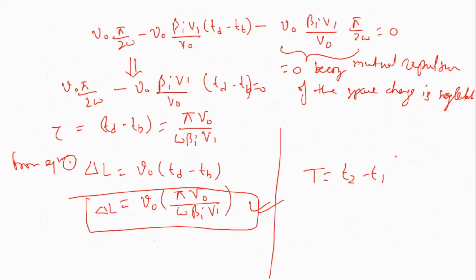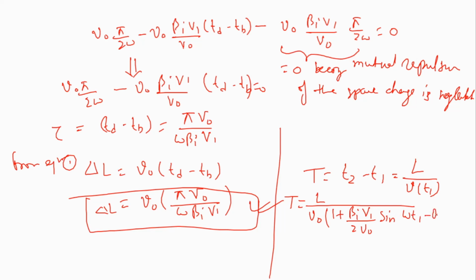T2 minus T1 is the distance L divided by the velocity of the electron, v of T1, that is the modulated velocity. Now if we substitute v of T1 into this equation, we will find the T value. According to this, T should be L upon V0 into 1 plus beta I V1 divided by 2 V0 into sine omega T1 minus theta G by 2.